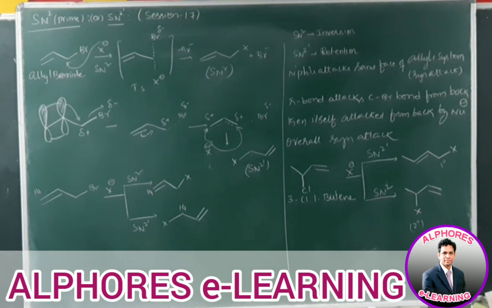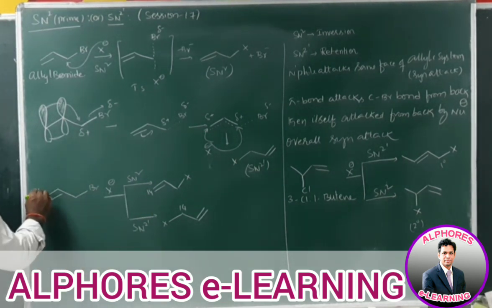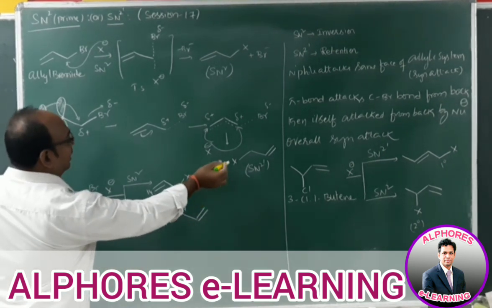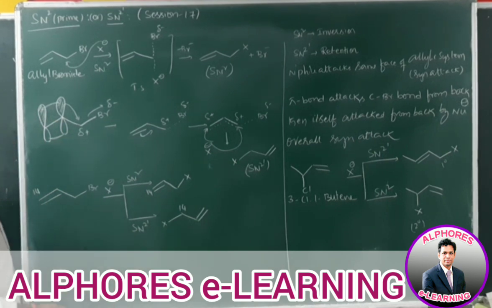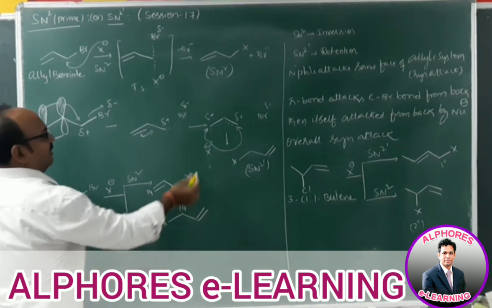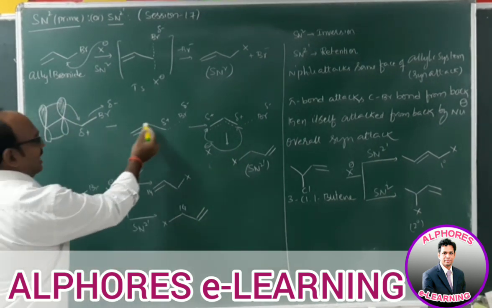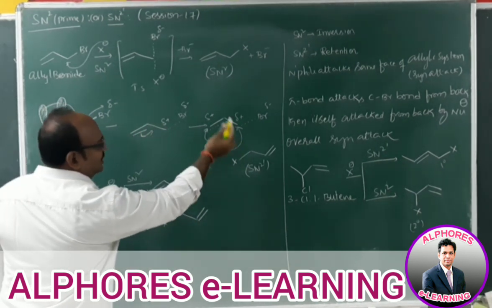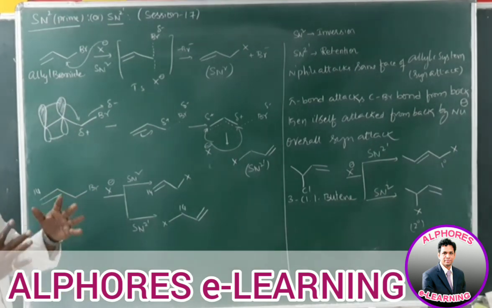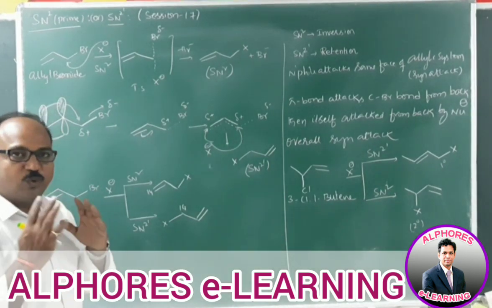Okay, now let us see here. I consider a C14 isotope here to distinguish the products between SN2 and SN2 dash, because, as I mentioned, the nucleophile can approach either this carbon or that carbon. Here both are the same carbon atoms, so we cannot distinguish whether the formed product belongs to SN2 or SN2 dash.